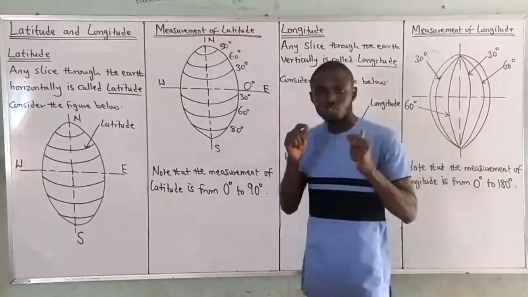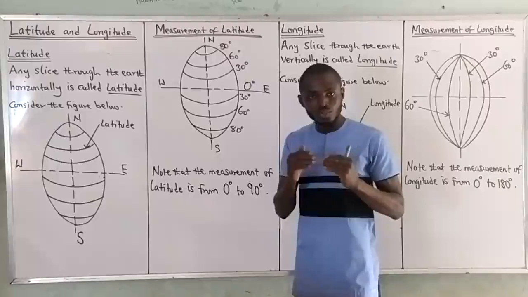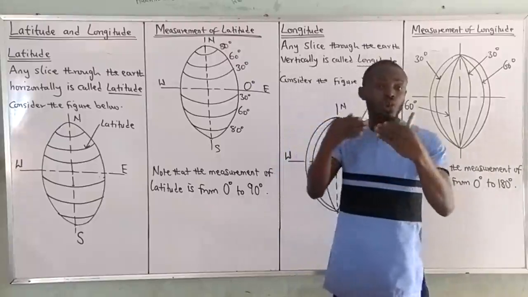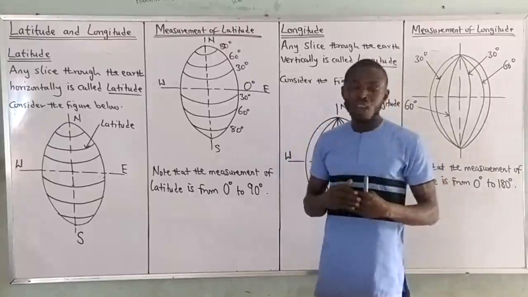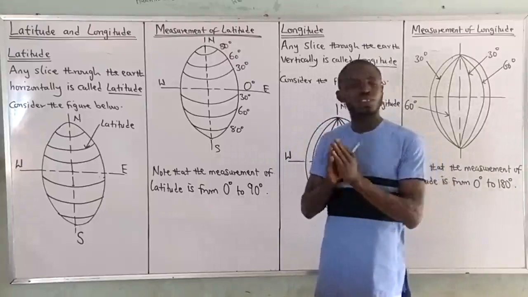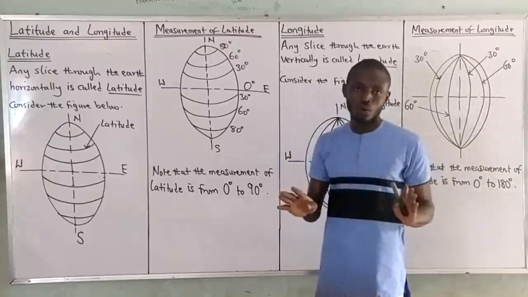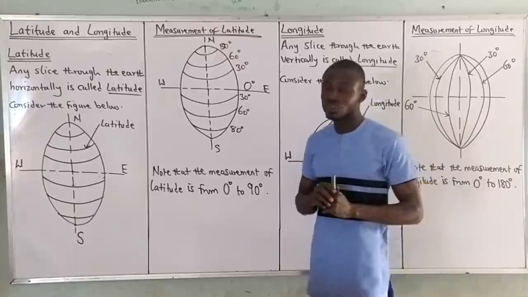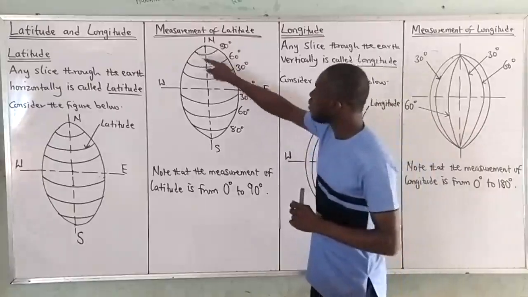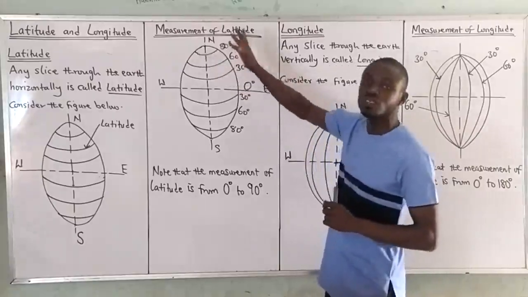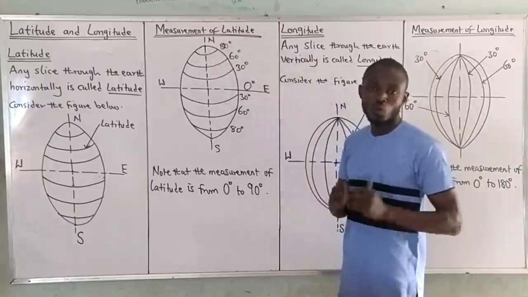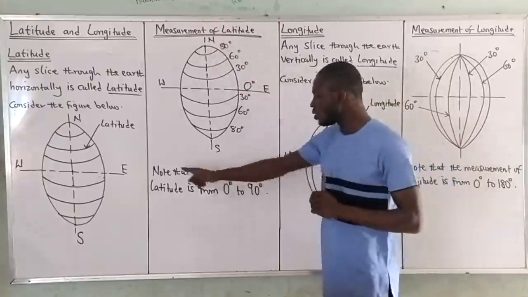You need to pay attention to the fact that latitude is measured either towards the north or towards the south. Latitude is never measured towards the east or west, not at all. But take note that I did not represent any latitude above 90 degrees. Why?